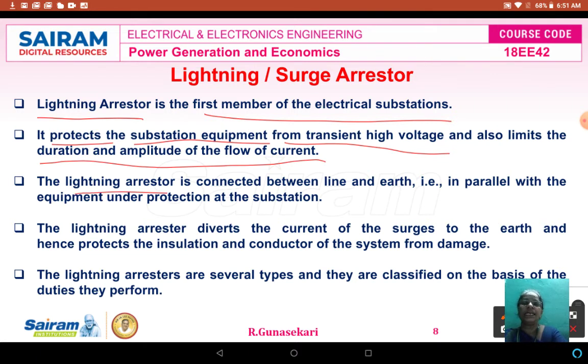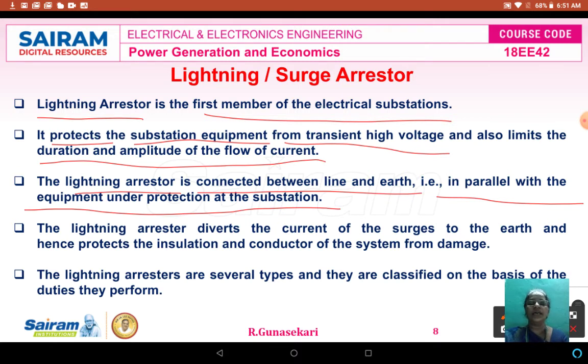The lightning arrestor is connected between line and earth, so the high voltage or high current flows through the lightning arrestor and then reaches the earth. The lightning arrestor is connected in parallel with the equipment under protection at the substation.